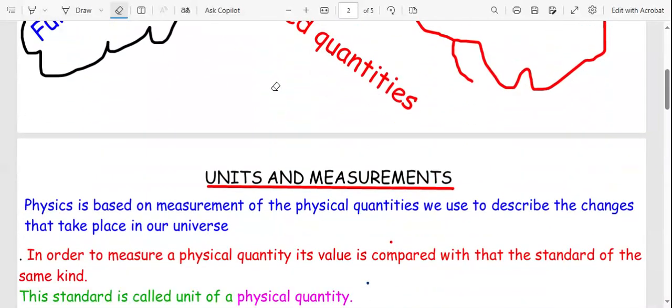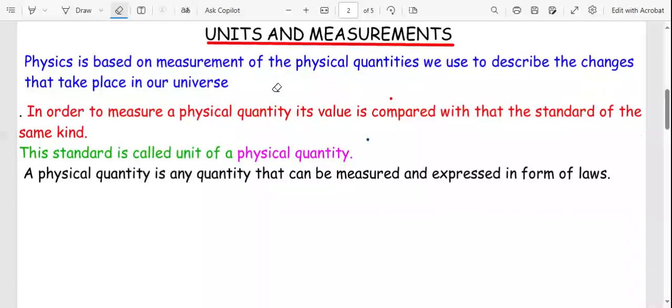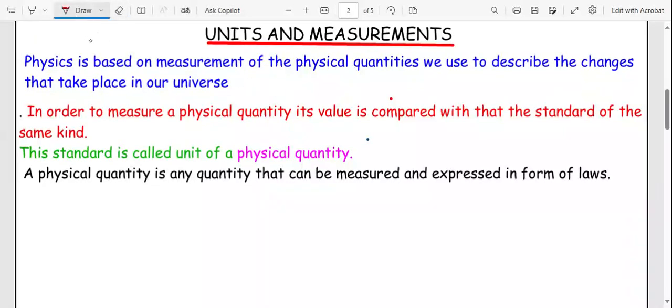So it will be very important to understand the basics, because it is from these basics that we will build up. When you talk about measurements, as we know, physics is based on measurements of physical quantities. What are these physical quantities? Things that we can measure. We use them to describe the changes that take place in our universe.